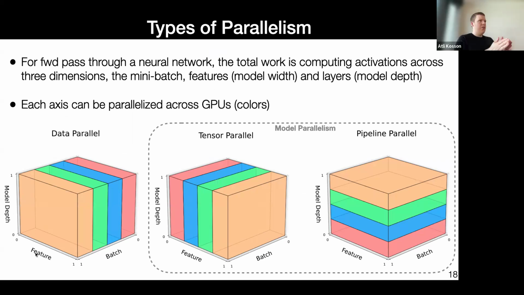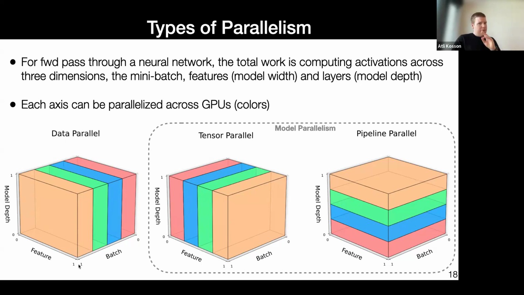On another one, you have the width of the network. So at every layer, you have many neurons. Each neuron is going to give you an output. And finally, you have the batch size. And on each of these 3 axes, you can divide the work that you need to do.